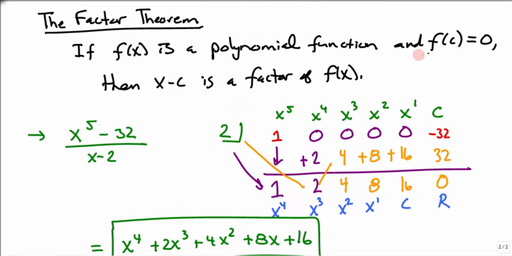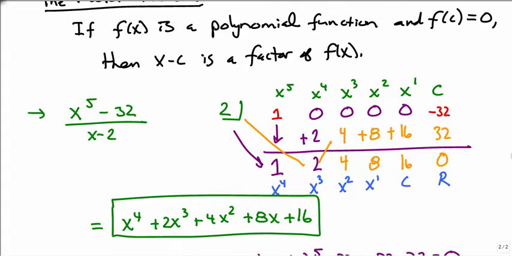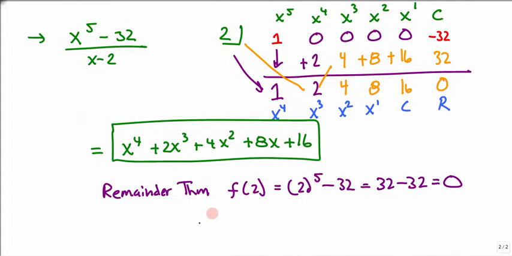Okay, now I have the special case for my factor theorem then. So this implies the remainder should be 0, which it was, so I know I've checked my work.